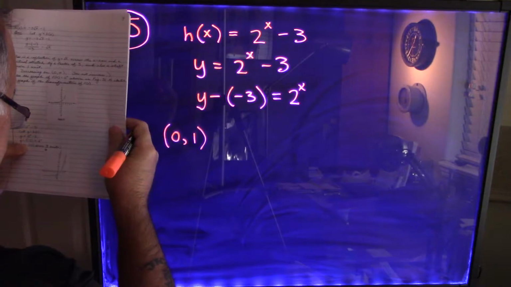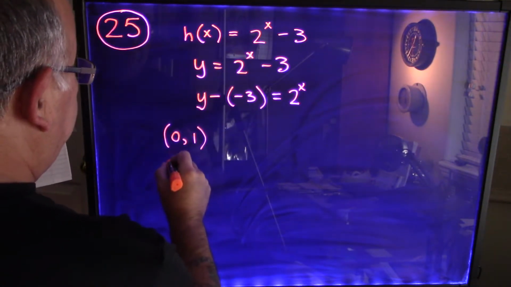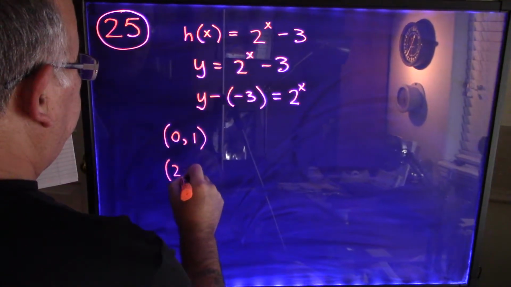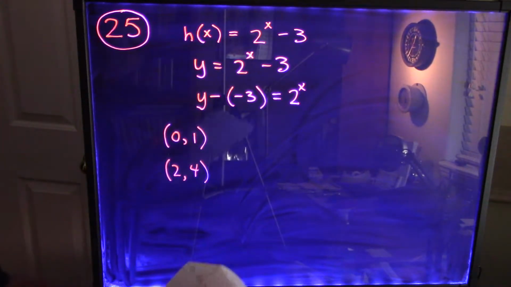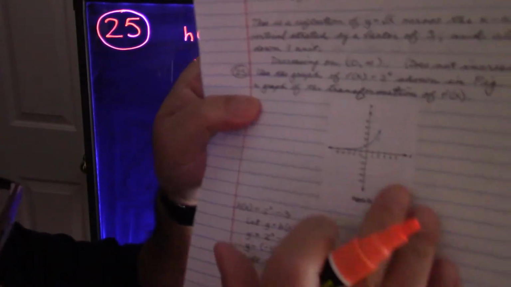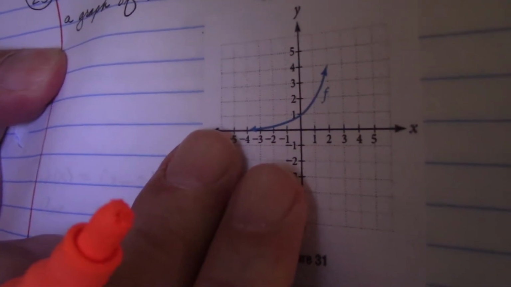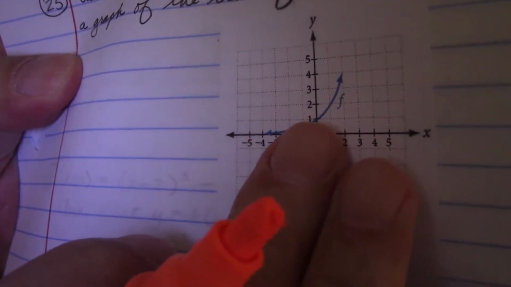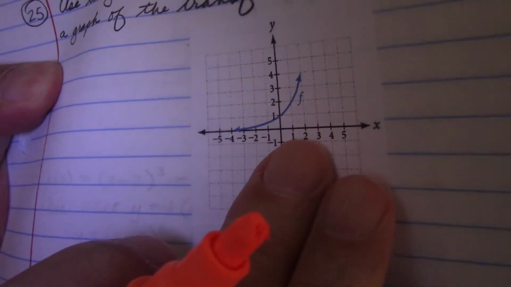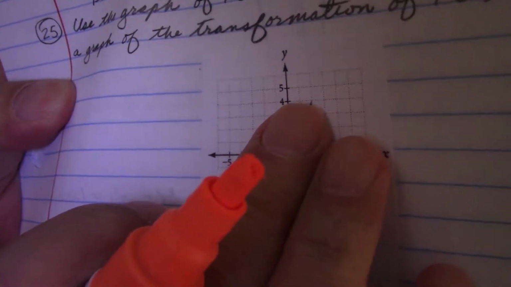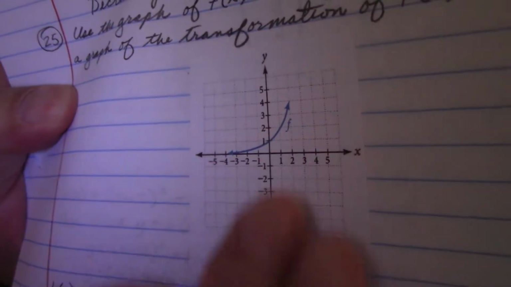How about doing that one? 2, 4. Alright. So if you do it by points like this, it'll help you to graph it more easily. So there's 0, 1 there, and then there's 2, 4 right at the tip of the arrow.